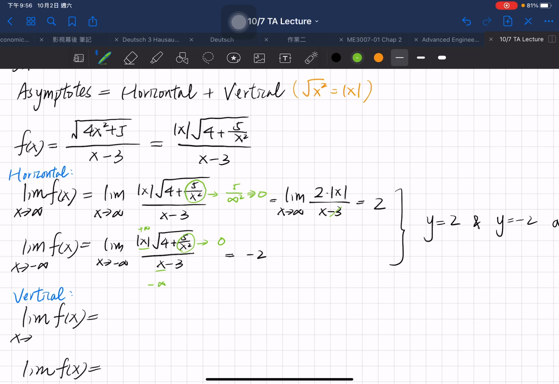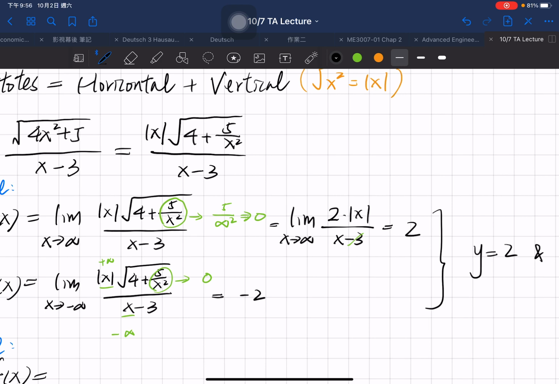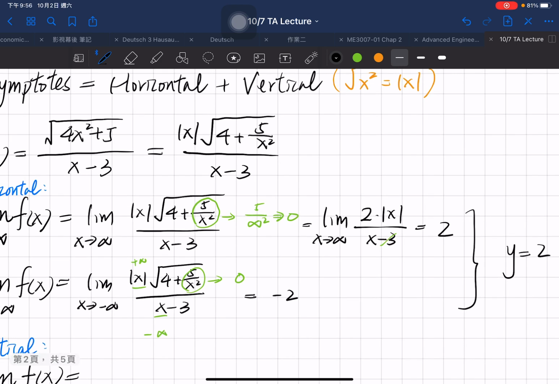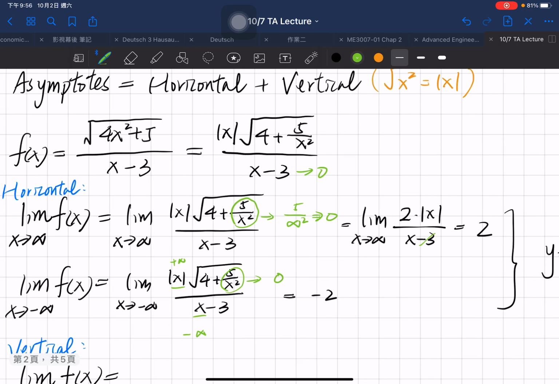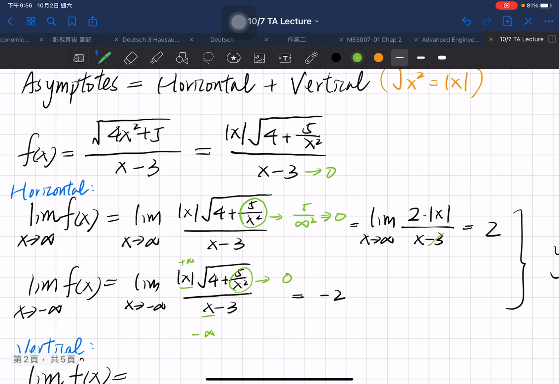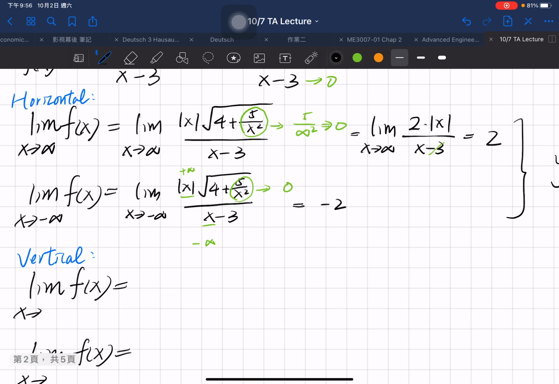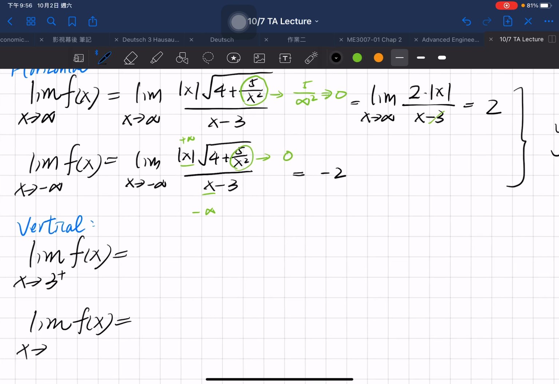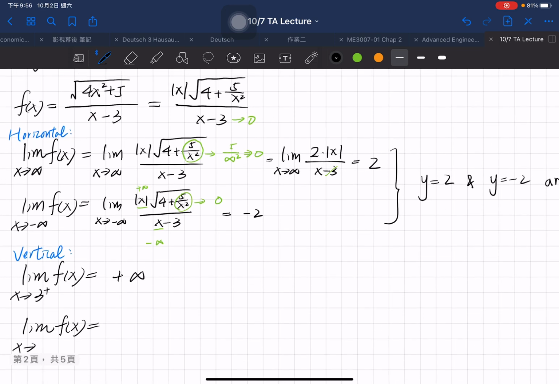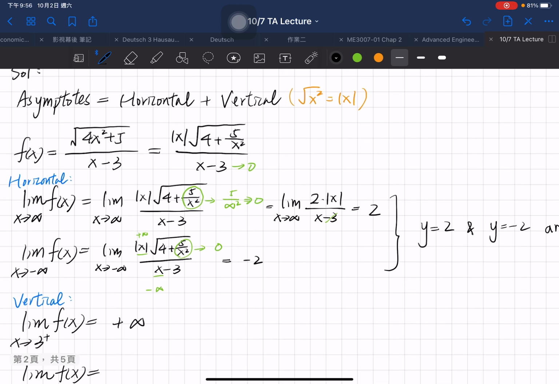So when we have a fraction, we want to make our denominator go to 0, so our f of x will explode to infinity or minus infinity. So we try x equal to 3 from the positive side, and we know that f of x will explode to positive infinity.